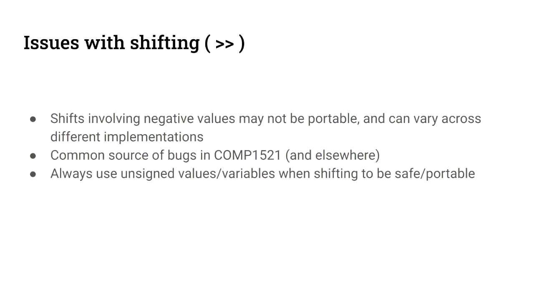So yeah, shifts involving negative values may not be portable and can vary across different implementations. So it really depends on the CPU, often depends on the compiler. It's a common source of bugs in COMP1521, and in fact, DCC will explicitly warn you and prevent you from right-shifting signed values. So always use unsigned values and variables when right-shifting to be safe and portable.